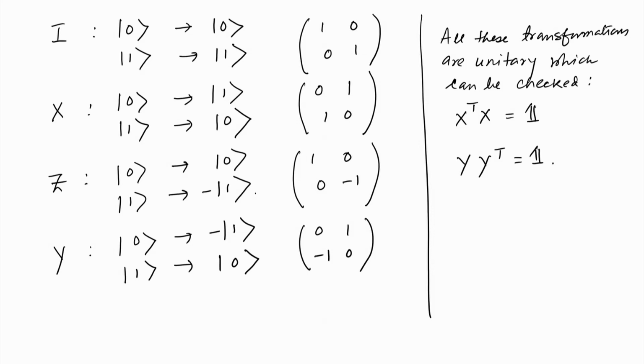Now, there is another gate that we have talked about rather in details, that is called as a C0 gate. And the full name is called a controlled NOT gate.